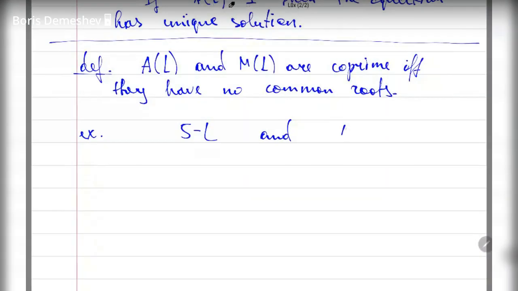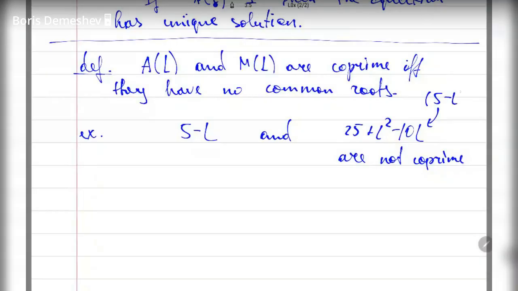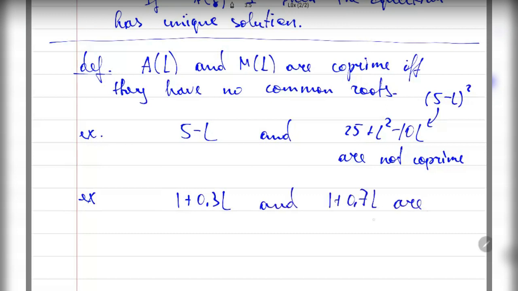So for example, 5 minus L and 25 plus L squared minus 10L are not coprime, yeah, because that's basically (5 minus L) squared, yeah. And for example, 1 plus 0.3L and 1 plus 0.7L are coprime.